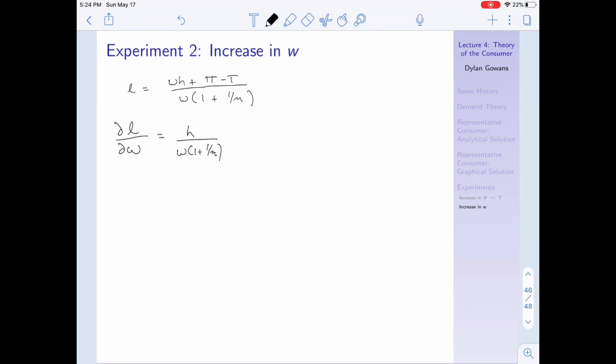And then the derivative with respect to what we see in the denominator is going to be the entire numerator divided by denominator squared, and then times 1 plus 1 over eta, because that's what's multiplying the w in the denominator. Okay, and then this 1 plus 1 over eta cancels out with one of the 1 plus 1 over etas in the denominator.